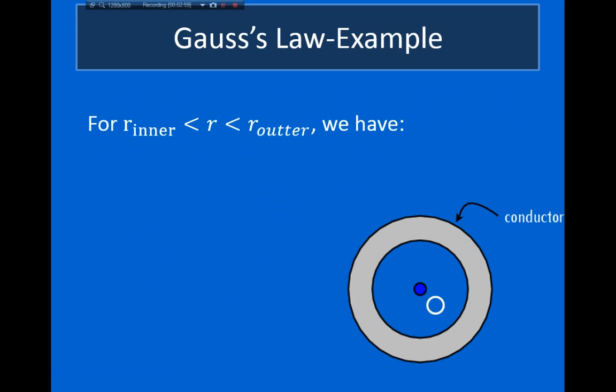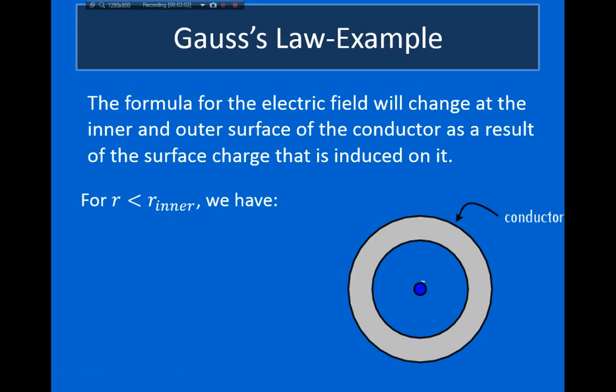So inside the cavity, things are very easy, right? Because if I choose a spherical surface inside here, it's going to be exactly like it was in the previous example. So we're going to see that the electric field inside here is just going to be equal to kq over r squared.